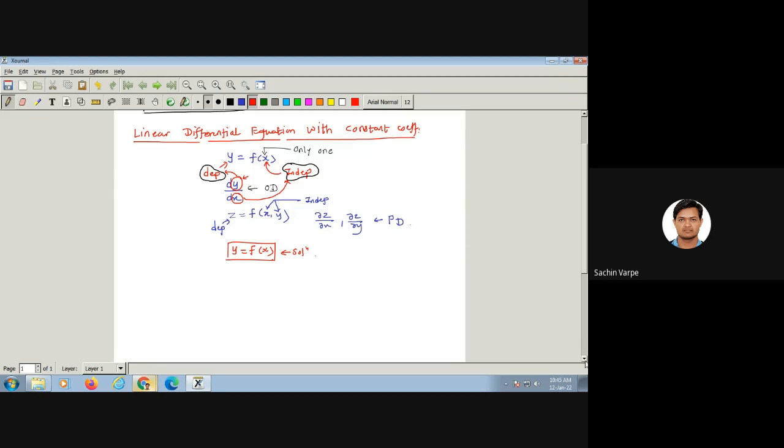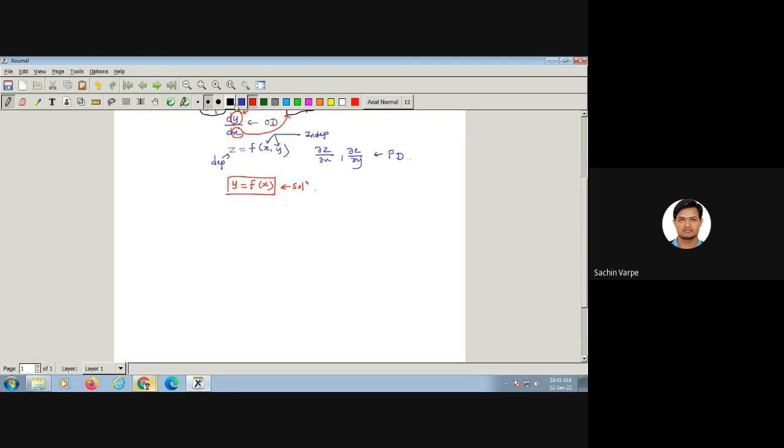Right? So let us start with the definition of linear differential equation. That is the standard definition. LDE with constant coefficient. So let me write the definition first. Before starting with the definition, let me tell you why these differential equations are introduced in our syllabus, that is the introductory part.